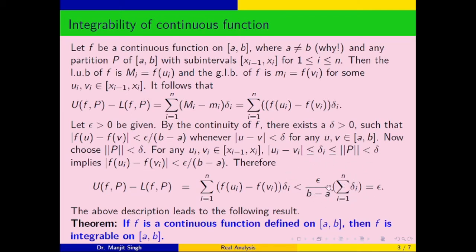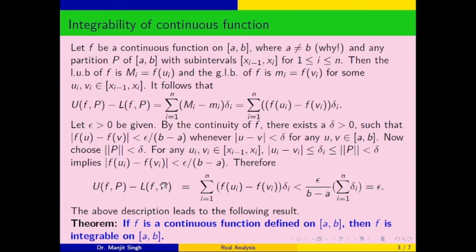Now we are replacing f(ui) minus f(vi) with the larger value epsilon upon b minus a, and as we replace this value we get this inequality with a greater value, and the number inside the parenthesis is also b minus a. So b minus a is a non-zero quantity and cancels out. So upper sum minus lower sum can be made less than epsilon.